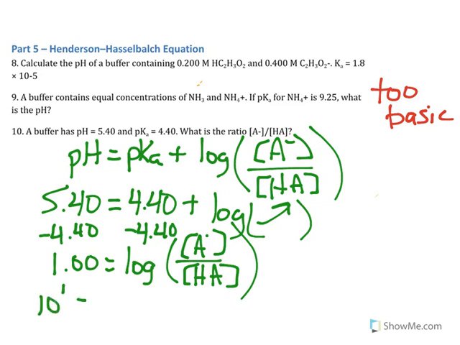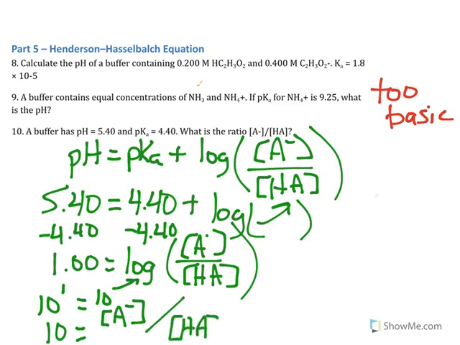So 10 to the first power, which is equal to 10, is going to equal 10 to the power of this entire log. And what you're going to find is the log and the 10 cancel out, which leaves me a fraction of the conjugate base divided by the weak acid.